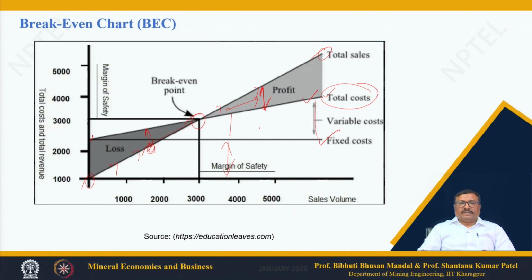Now, in practice, except in very small business, this linear break even analysis does not hold true. This is much more complicated, because even the fixed cost will not remain fixed when the volume of production increases very high.